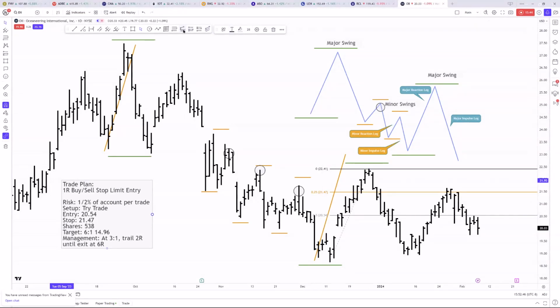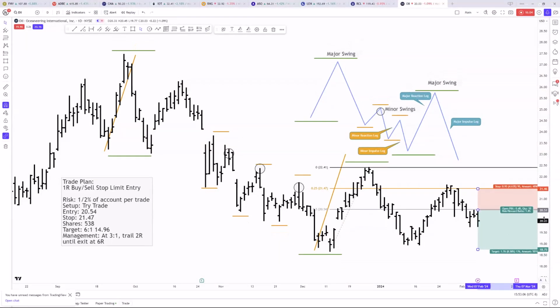All right, let's get our risk reward tool up here for a short position. So I'm going to have a limit order waiting, and it's going to go at the same time with a stop order and a bracket order and a target order.